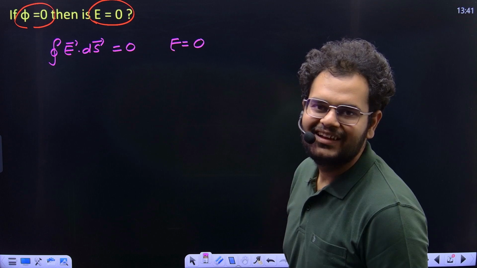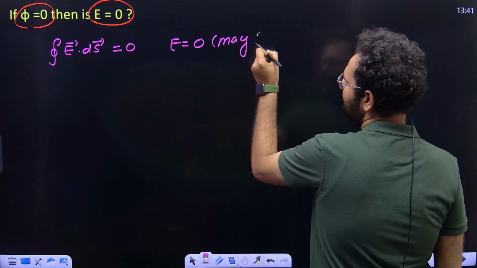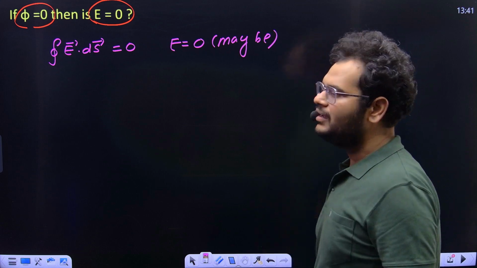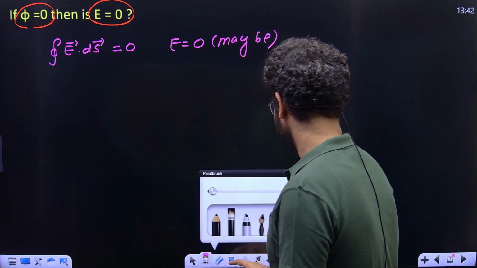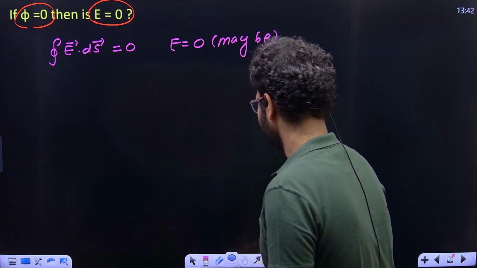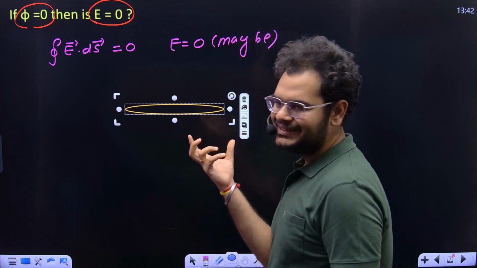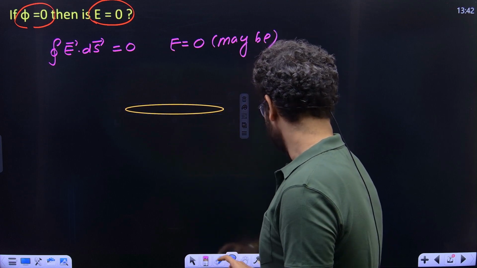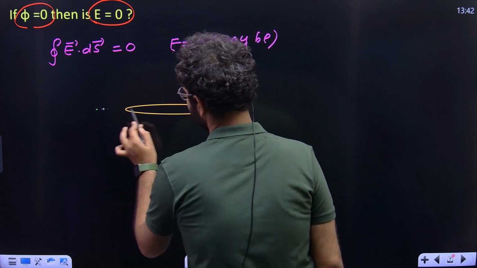Is it correct? No, it is not correct. This is maybe. There are other cases possible as well. Let me show you. For example, if I take this circular loop, and let us draw beautiful field lines. Let us say these are electric field lines.